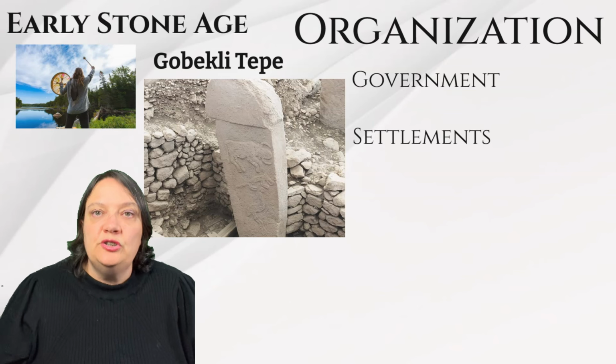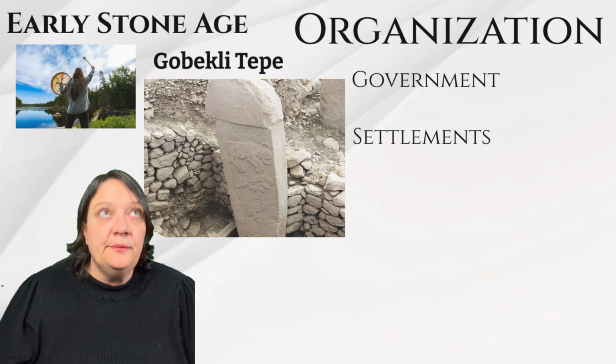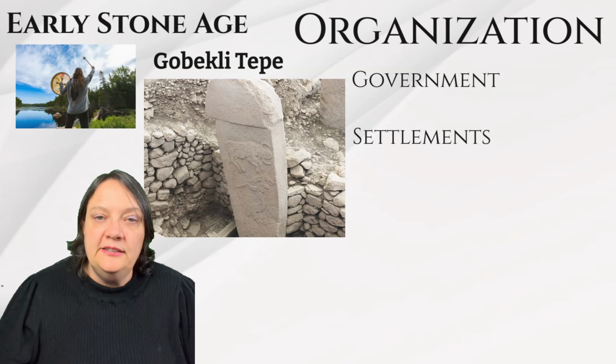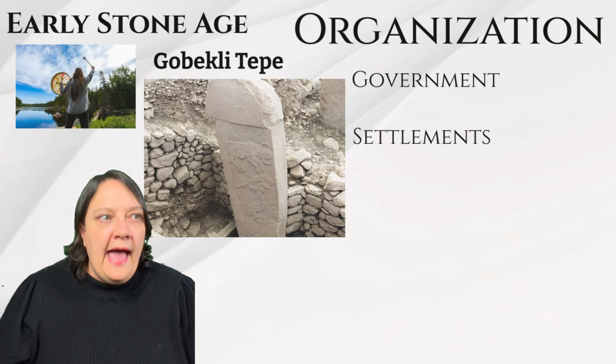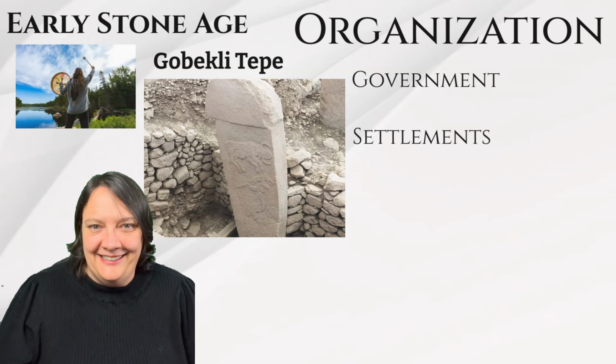And it seems to be some kind of monument or maybe some kind of spiritual place. And it doesn't appear to have been a place where people lived. So it was built by these semi-nomadic people, and they built it and went there intermittently.